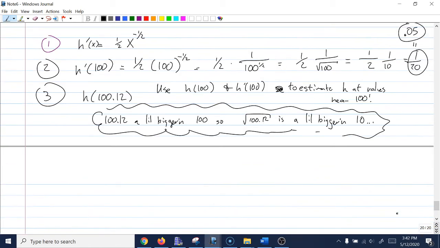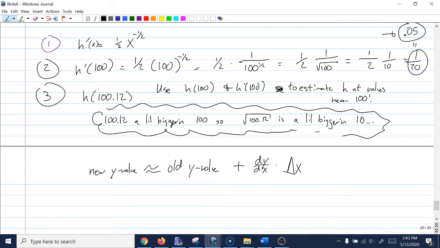The thing calculus does is, if we can find the derivative, and now we can by hand, we can use that to say something about how much bigger it is than 100. This is that new y, old y. The scheme we write this up as is: new y value is approximately the old y value plus the derivative times the change in x.